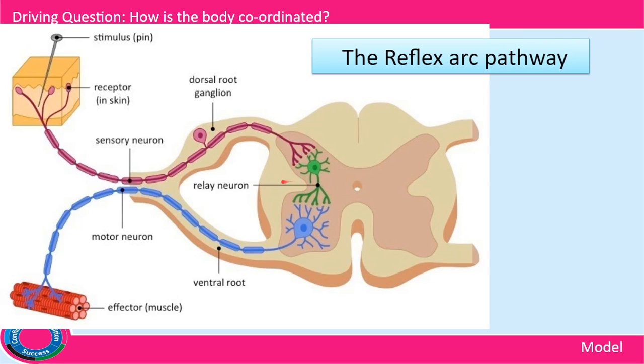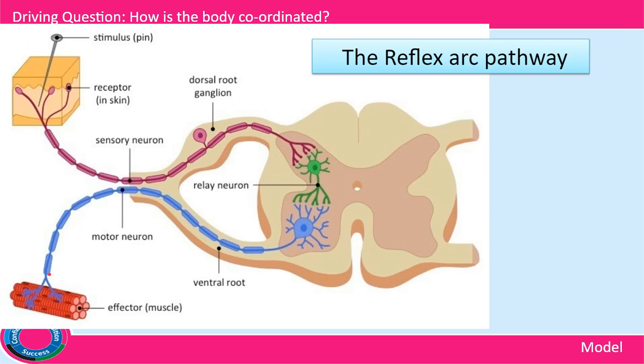The relay neuron will transmit those electrical impulses to the motor neuron. As you can see here in the blue, this is the motor neuron, and the motor neuron will transmit those electrical impulses to the effector. We have mentioned in the past that an effector can be a muscle or a gland.